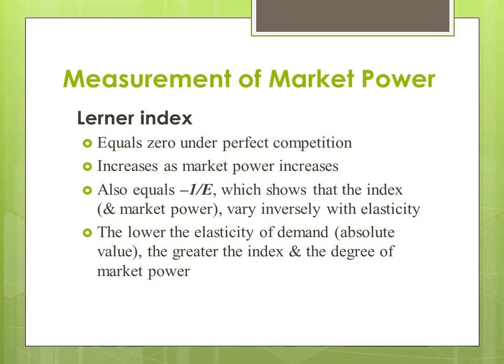It increases as market power increases, and it also equals minus 1 over E, which shows that the index and market power vary inversely with elasticity. As I said in the previous slide, the lower the absolute value of elasticity of demand, the greater the index and the degree of market power. So here is the negative relationship between elasticity of demand and the degree of market power.